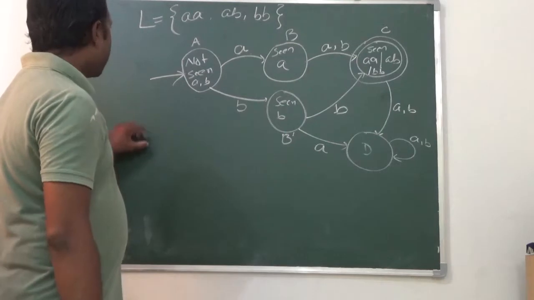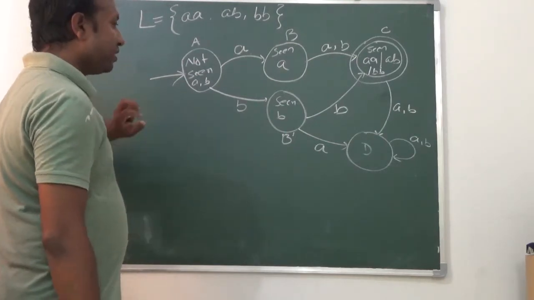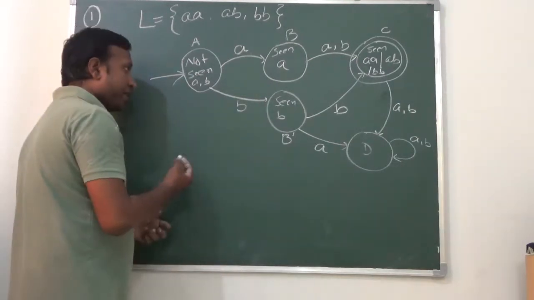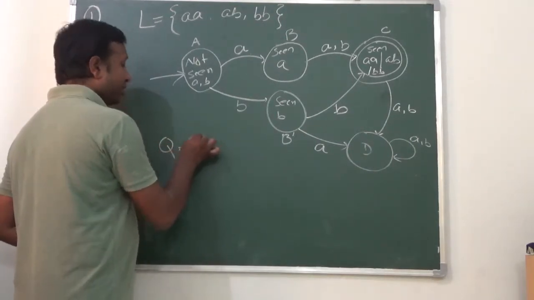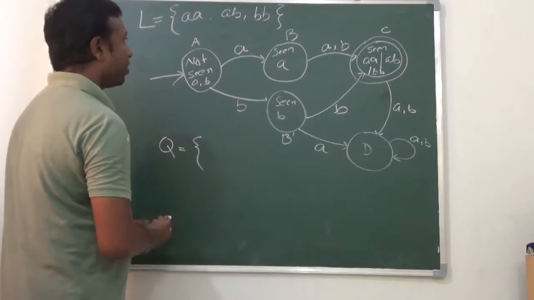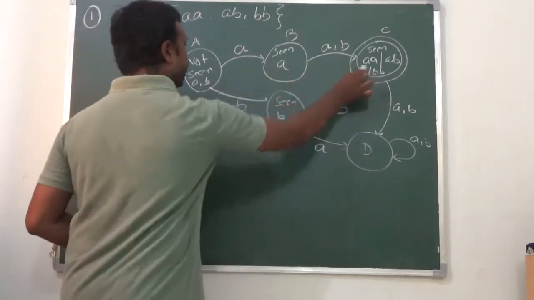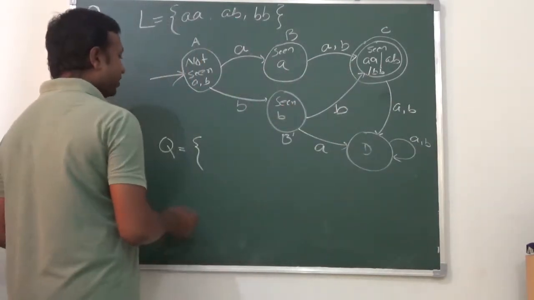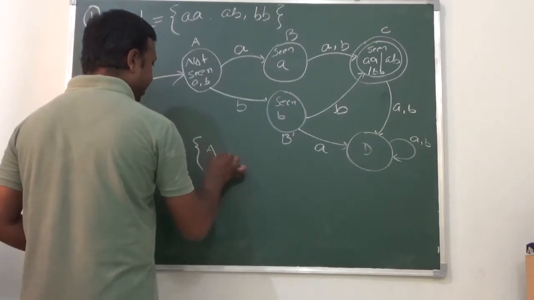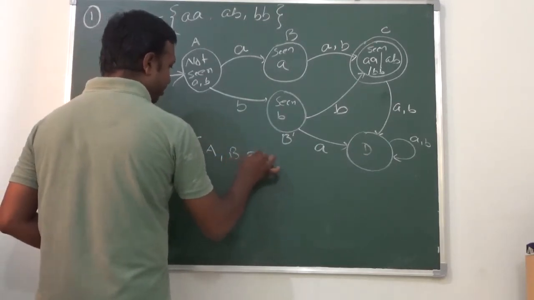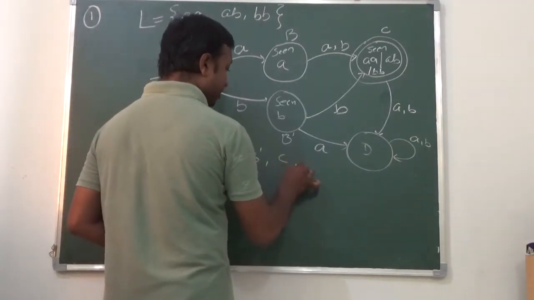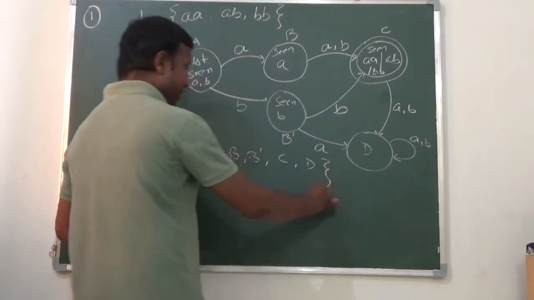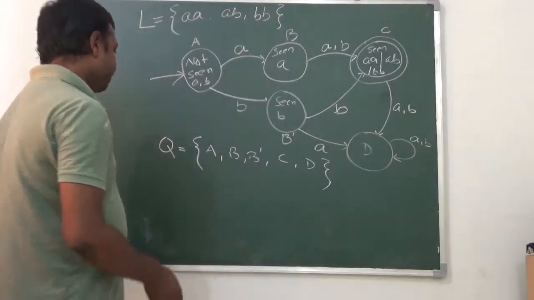So how do we write this machine in a mathematical way? Here Q means the set of states. How many states do we have? 1, 2, 3, 4, 5. For these states we write A, B, B dash, C and D. So that is Q.